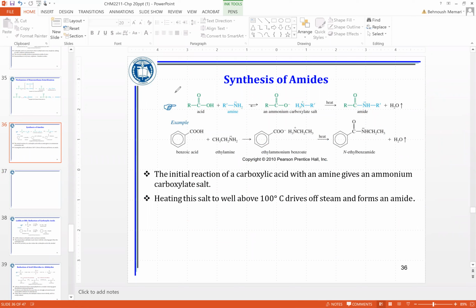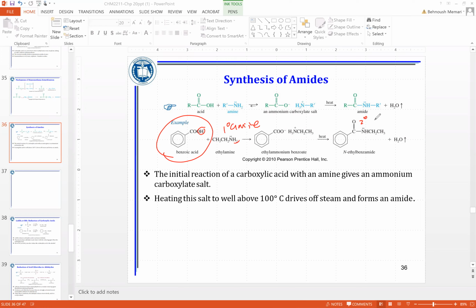So what is happening? Let's just follow along with this solved problem. It's already a solved problem. It is benzoic acid. The leaving group is going to be OH. Nitrogen is NH2. If it's NH2, then we know it's a primary amine. A primary amine plus carboxylic acid is going to give us a secondary amide.